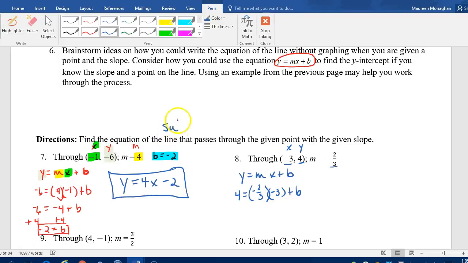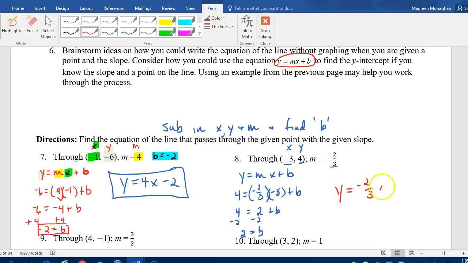So you want to sub in x, y, and m, and find your y-intercept. Okay, this is a positive. These 3's cancel, so I get 2 plus b is 4. Subtract 2, so b is 2. So the equation is y equals, use your slope, use your y-intercept, and there is your equation.